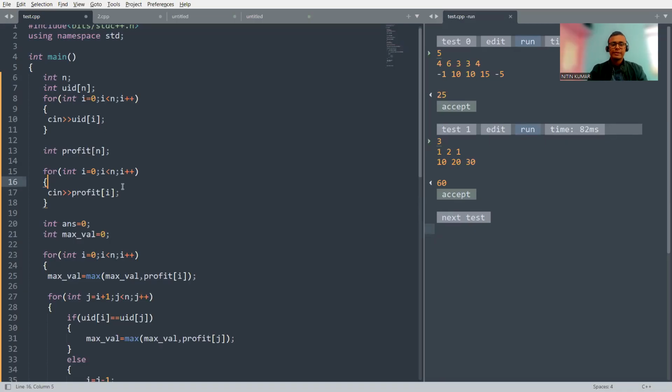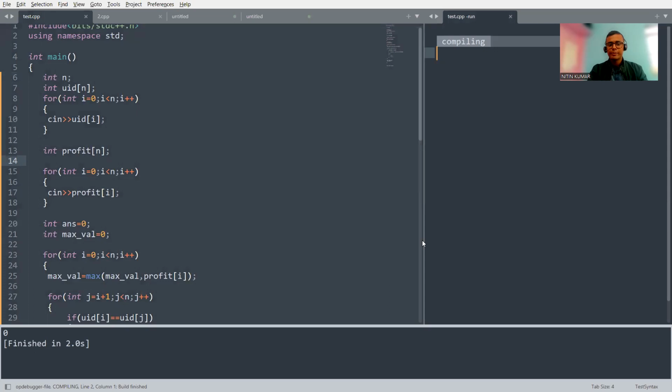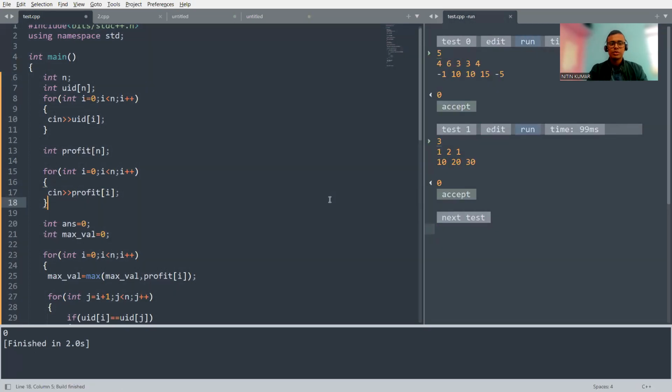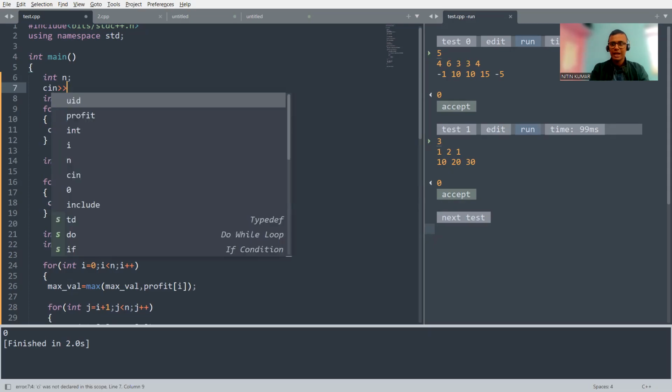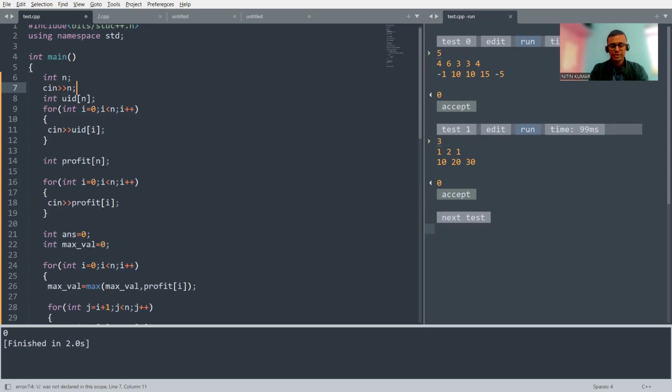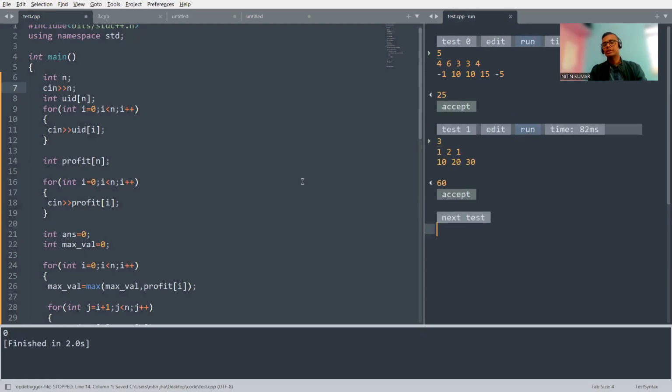So let me run it again. The mistake I found is that I forgot to take the input. A silly mistake I have made. So let me run this. Now you can see the code is running correctly.